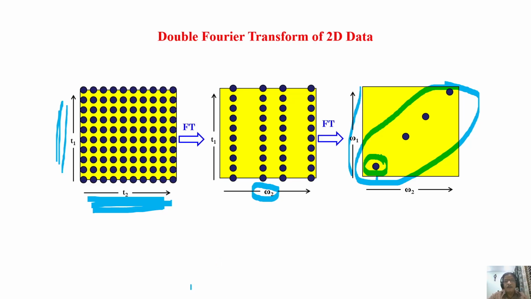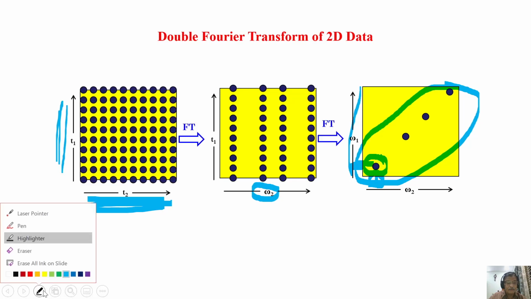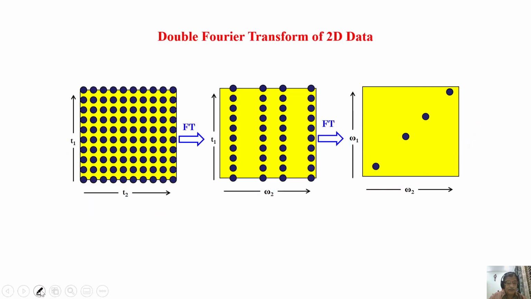So now you read the spectrum. If I come here, just look at this: in the omega 2 dimension, I have a frequency here. And for the same peak, you go in this direction, in the omega 1 dimension, this is a frequency. So that means this peak has a particular frequency here in the omega 1 dimension and it has a peak frequency here in the omega 2 dimension.